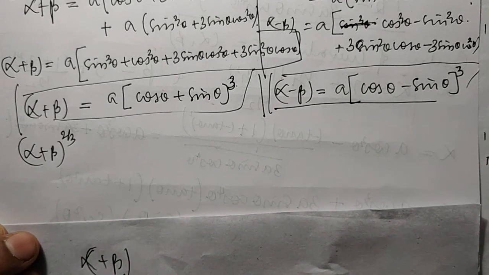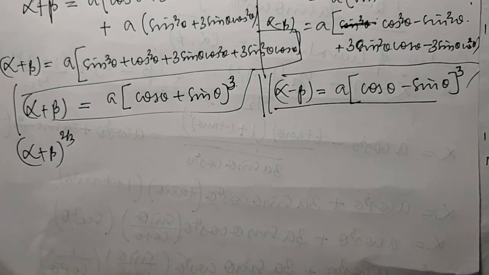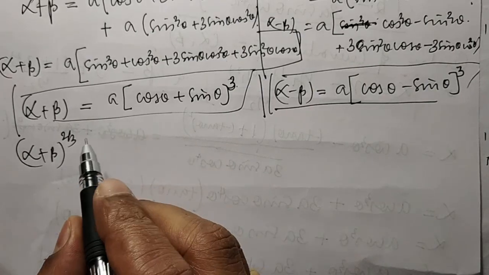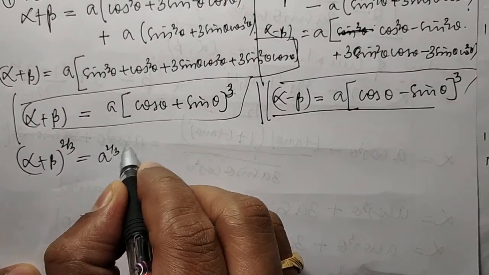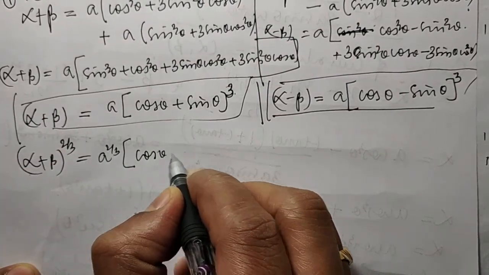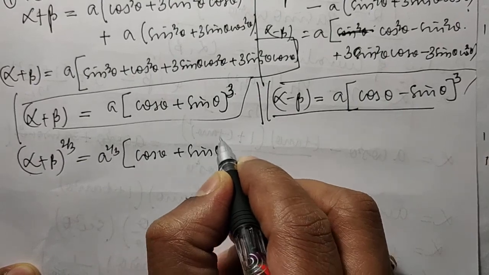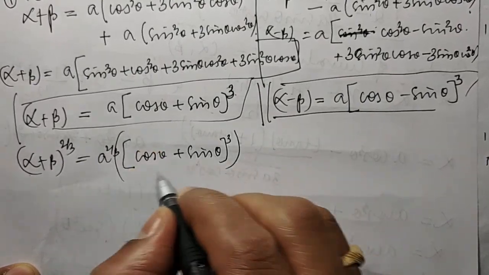Therefore, apply the power 2 by 3 on both sides. Then alpha plus beta raised to 2 by 3 is equal to a raised to 2 by 3 into cos theta plus sin theta raised to 3, that raised to 2 by 3.